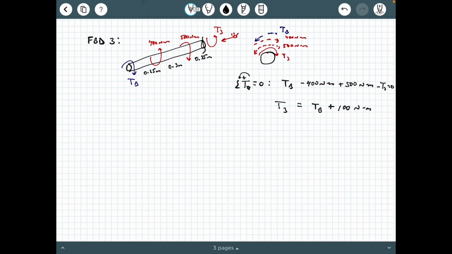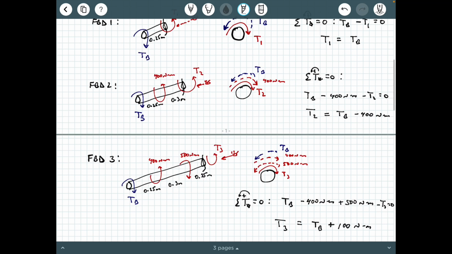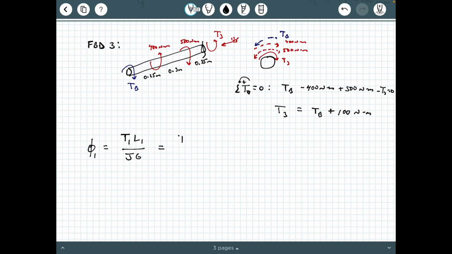So now what do we do? Well, we've got all these internal torques. We need to build them into the angles of twist, right? So what we're going to do is we're going to say Phi1, going back to the first free body diagram, is T1 L1 over JG, right? Now, what was T1 and what was L1? Well, T1 was just TB, and L1 is 0.25 meters. So we're going to say TB times 0.25 meters over JG, okay? What about Phi2? Phi2 is T2 L2 over JG, okay?